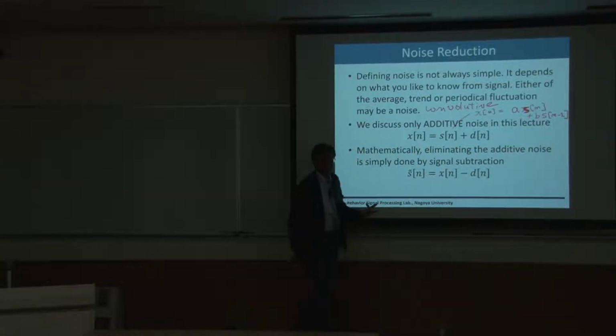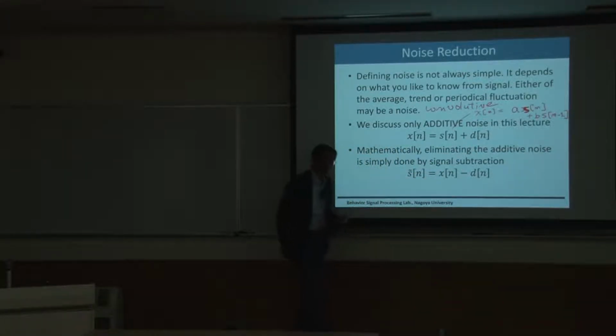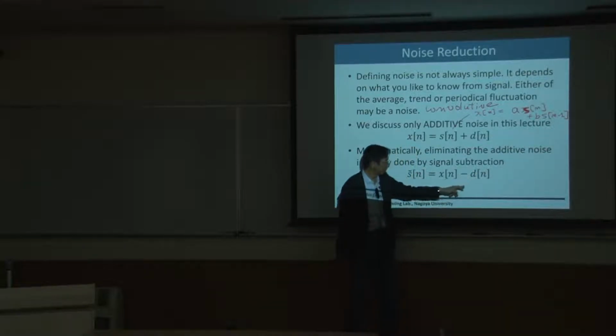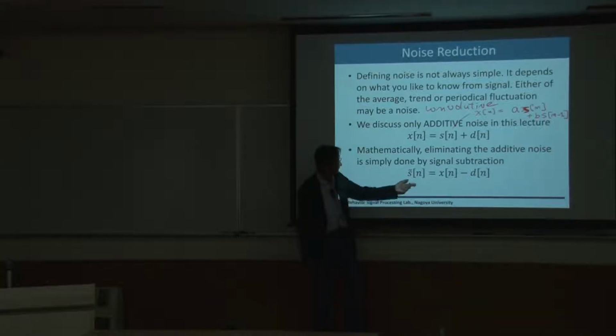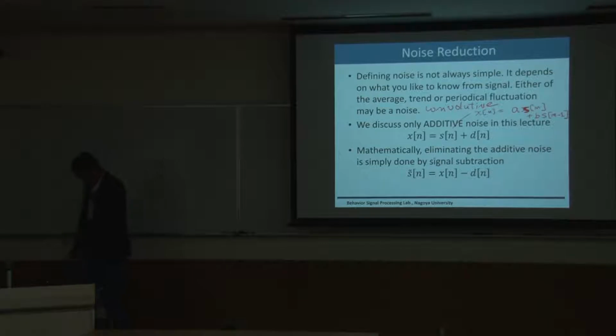That's correct. The issue is that we don't know the exact value of this. That's why I say this is the deconvolution, separation problem. So the issue, of course, is that we don't know. But once we know these values, then it is quite easy to eliminate the noise from the noisy signal and get a clean signal from the real world data. Okay.